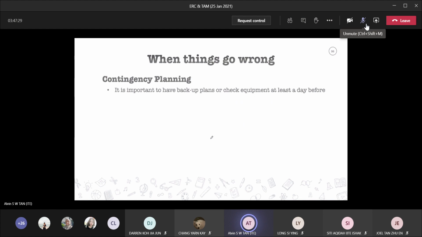So you need to have contingency planning. Basically this means backup plans. You will get better at contingency planning with experience, because then you have encountered the possible things that could go wrong. Then you can make plans for it.